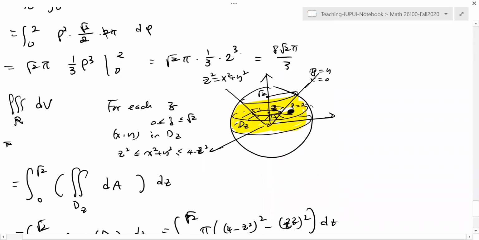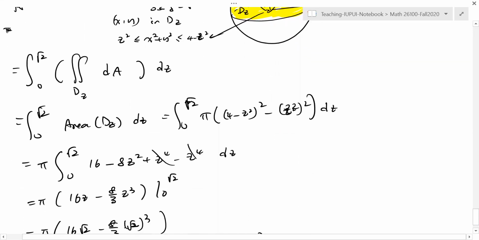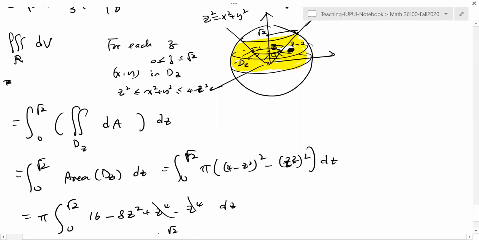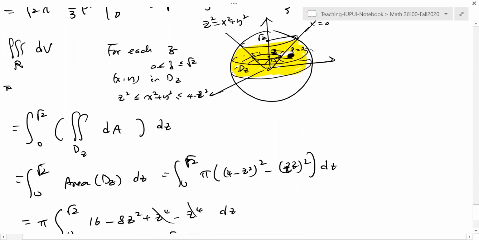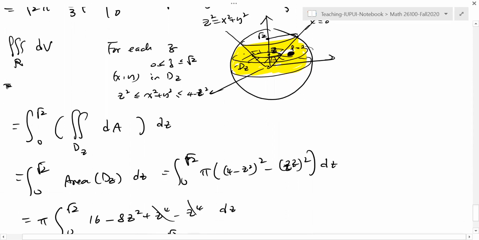Right. So I made a mistake somewhere. So let me check. Okay. Oh, I see. I made a mistake somewhere here. What is my radius?